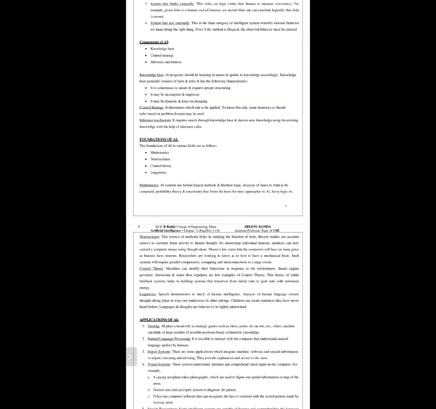In this, the science of medicine helps in studying the functioning of brain. So we can use this artificial intelligence for studying the functioning of brain.